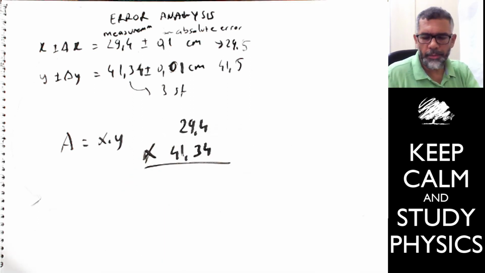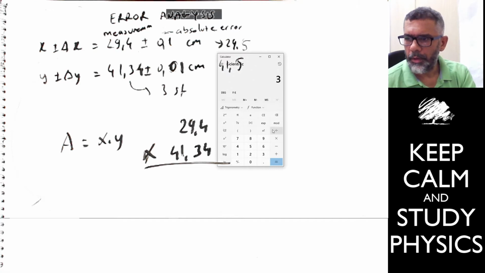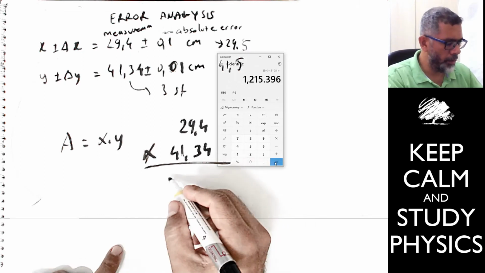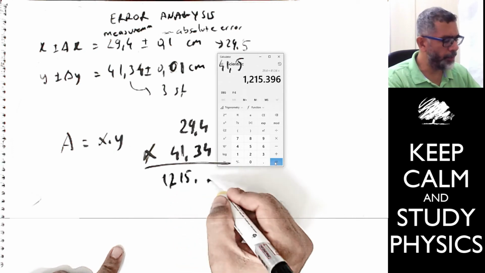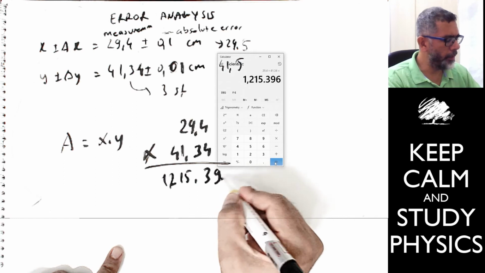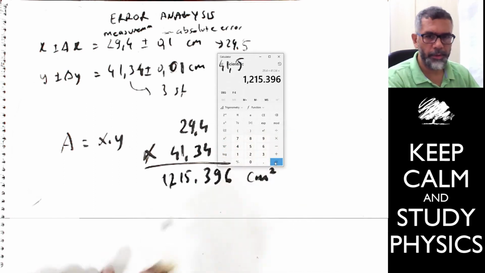You just do this multiplication in your calculator, and your calculator gives you the result 1215.396 centimeters squared, of course, because these are centimeters.